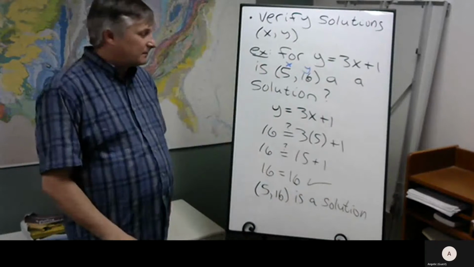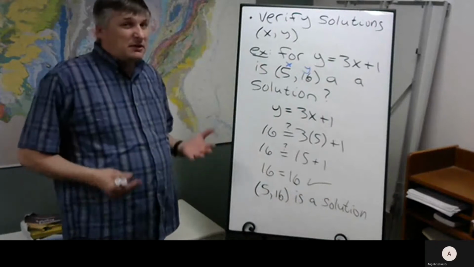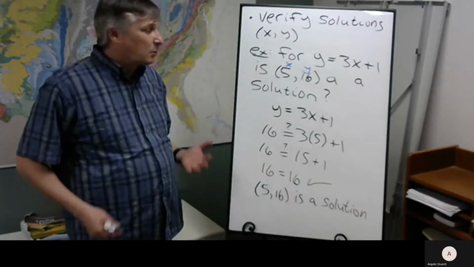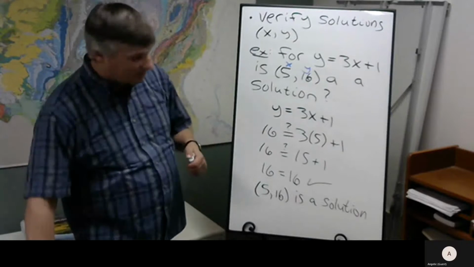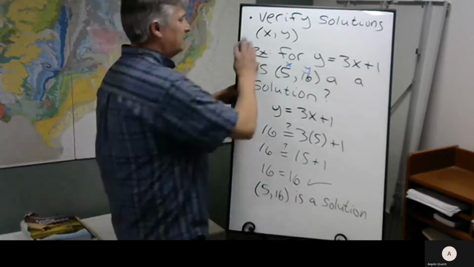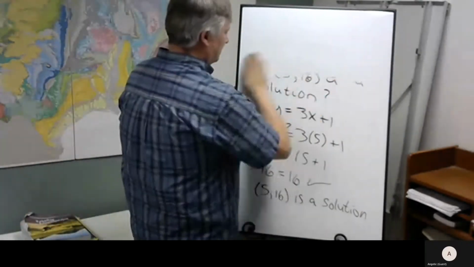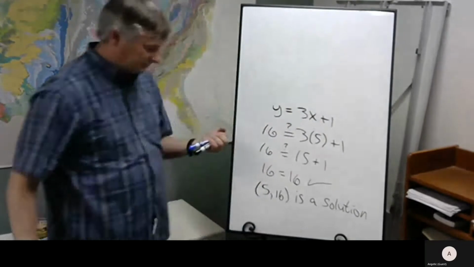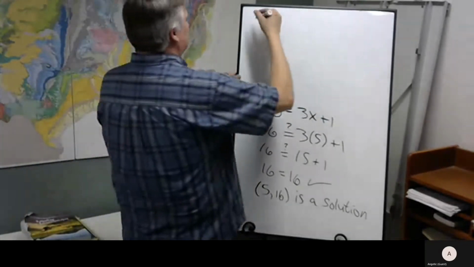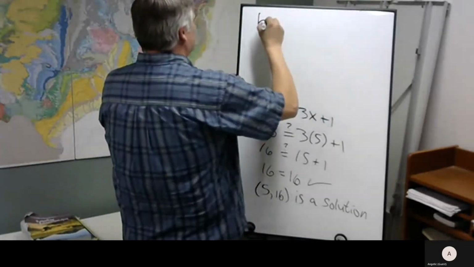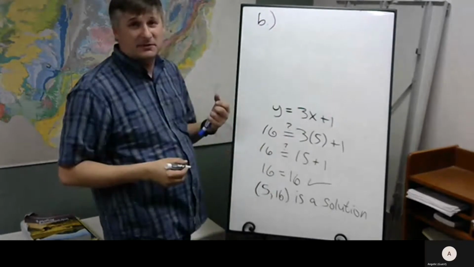So far, so good. But let's say we're given another ordered pair. So it'll be part B for this example.